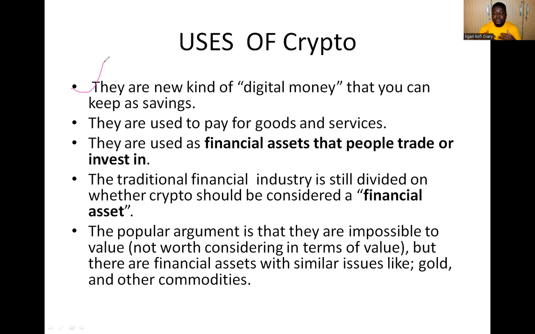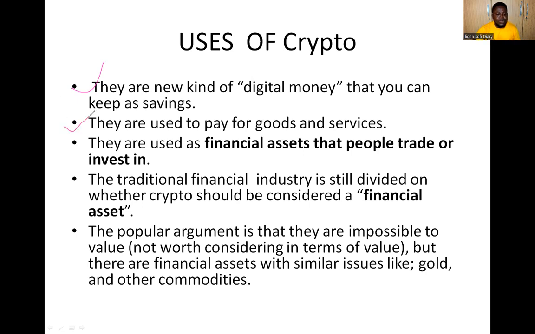When you want to open a fiat currency account, you need to go to the bank, open an account, and then begin to save. The same way, you can also have a cryptocurrency account or wallet. In the digital space, we call it a wallet. So you can own a wallet and then begin to keep money there. So yes, you can actually do that with cryptocurrencies.